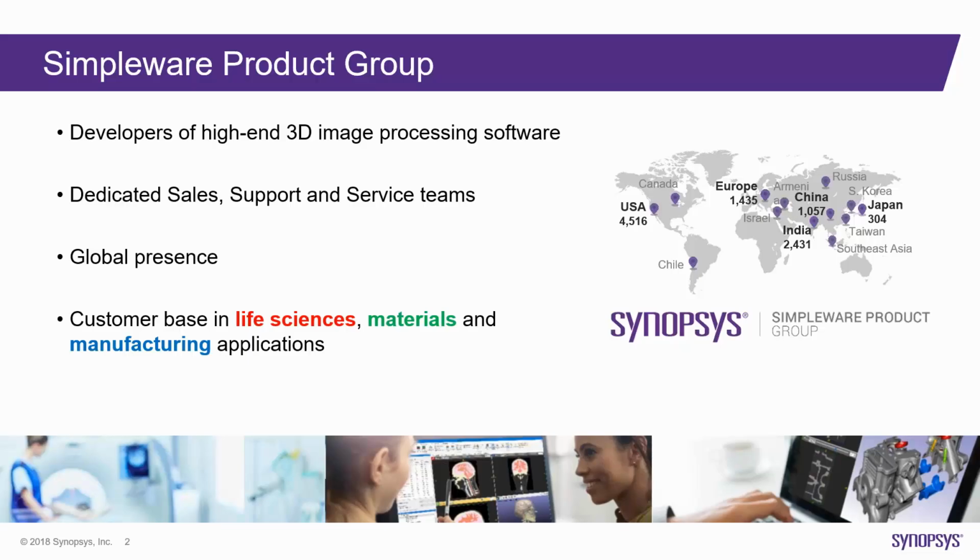Those two areas put us in most other industries, but typically we're working with critical applications where looking at the internal structure of a part or a material is critical, and we want to be able to look at it at a deeper level than other tools allow.